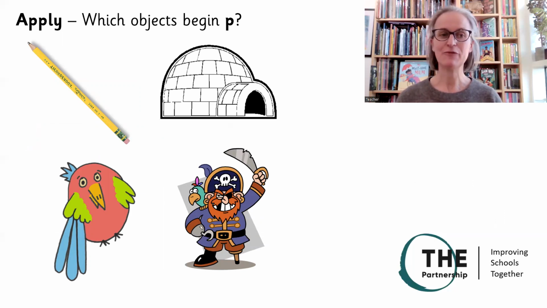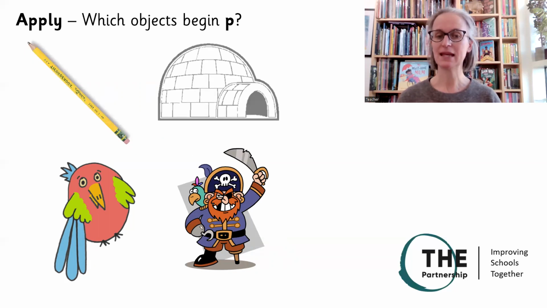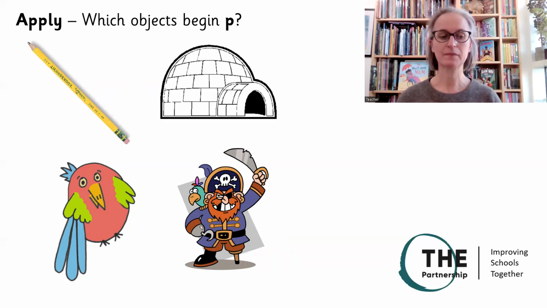Now let's see if we can work out which objects here begin with our sound. P. I say, you say, pencil, igloo, parrot, pirate.